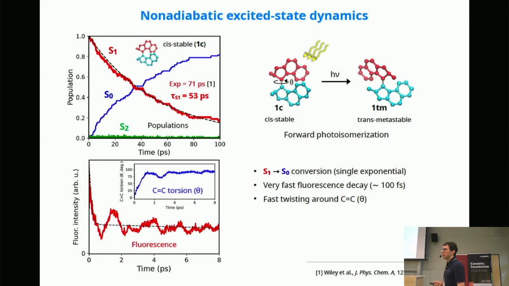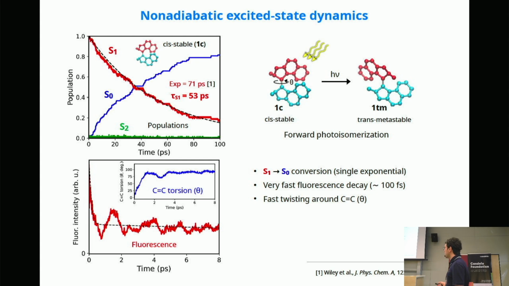Next, we performed non-adiabatic dynamic simulations. After excitation of the cis isomer, we found that the main process is the S1 to S0 internal conversion, with a single exponential decay of the S1 population, with the lifetime of S1 in quite good agreement with the experimental lifetime.